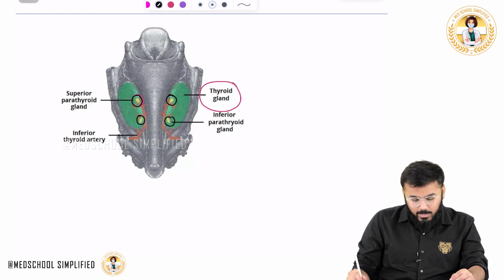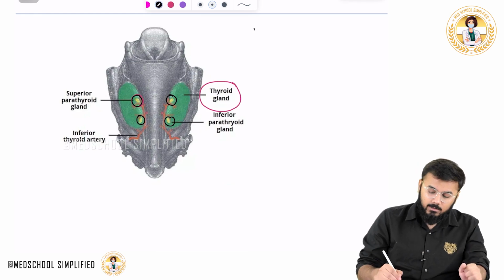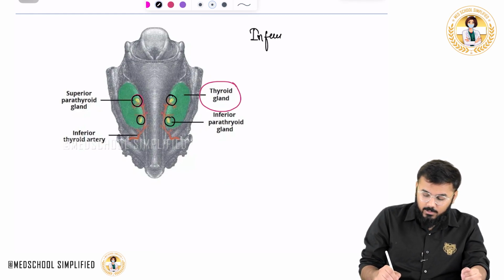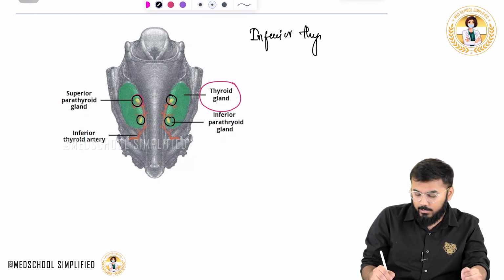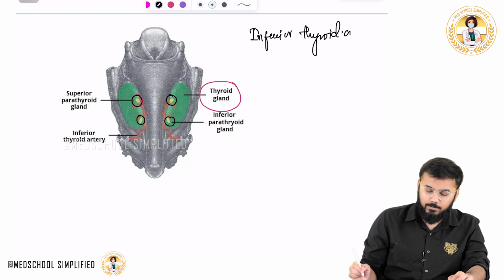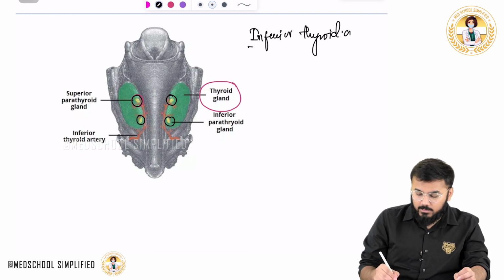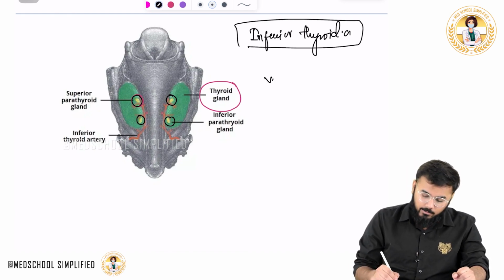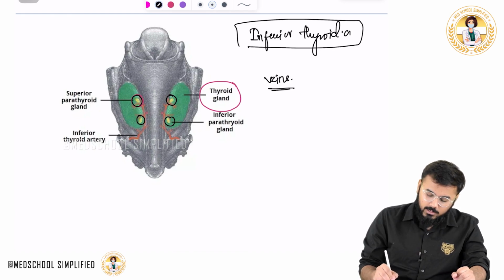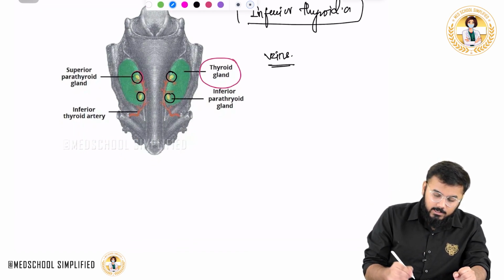Now, who is supplying these parathyroid glands? Parathyroid glands are supplied by the inferior thyroid artery. When it comes to the veins, there are 3 different veins.